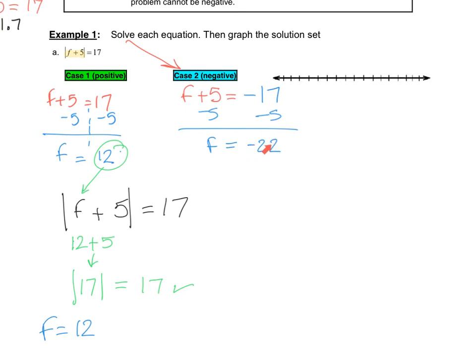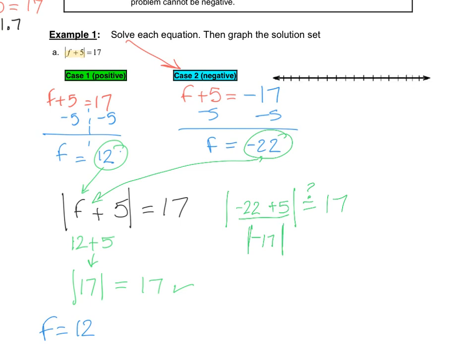Does -22, when you plug it back in, give me that same 17 when I take the absolute value? Well, let's see. If I plug that in, I get the absolute value of -22 plus 5. We want to know, does that give me 17? Well, -22 plus 5 is actually -17.